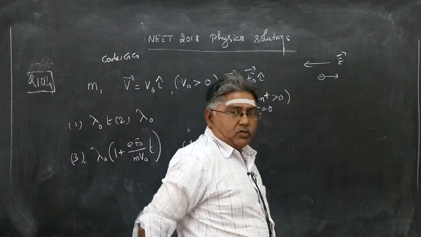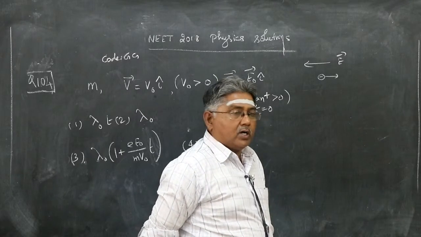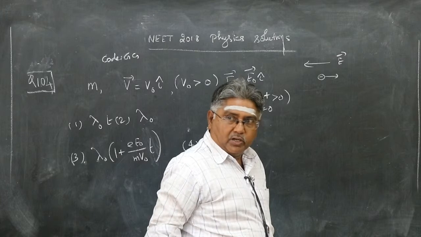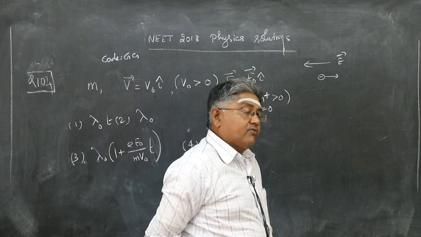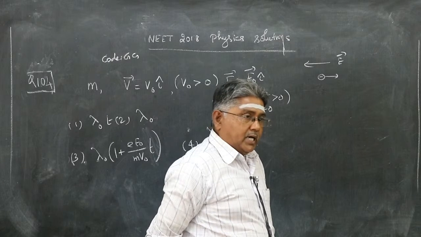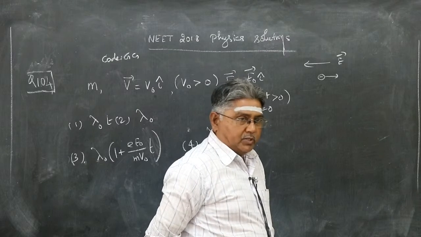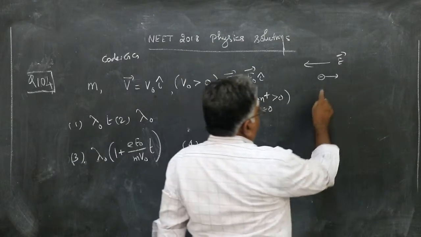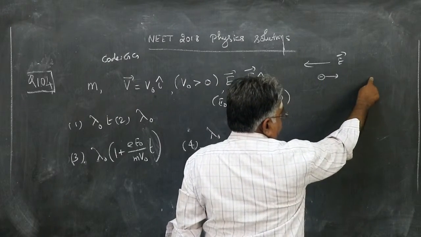Note that a negative charge will always accelerate opposite to the direction of the electric field. Positive charge will accelerate along the direction of the electric field. Negative charge will accelerate opposite to the electric field because it's negative charge. These are all basics.